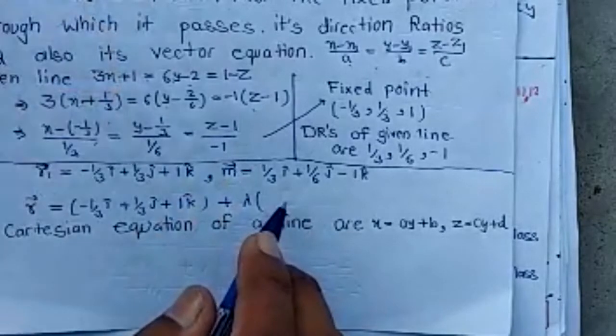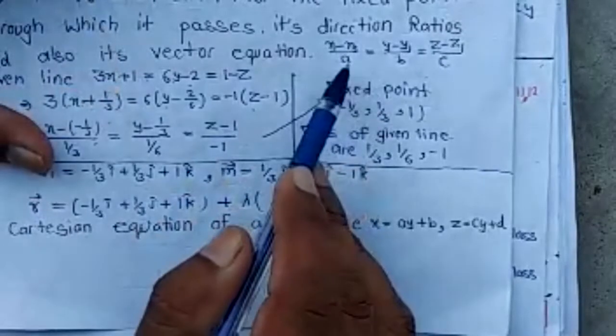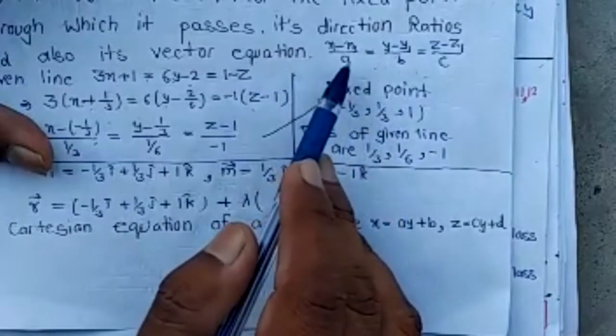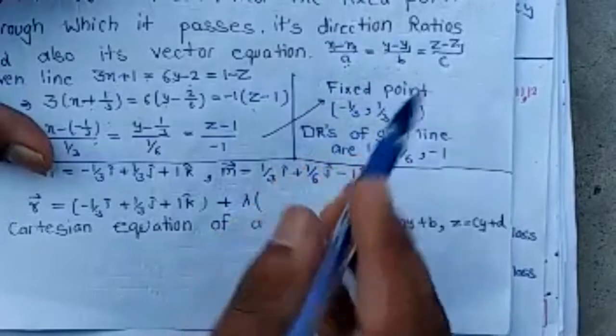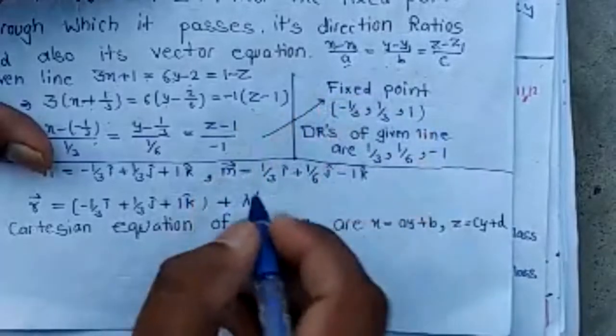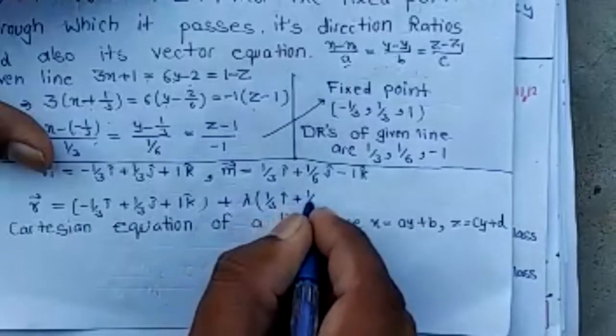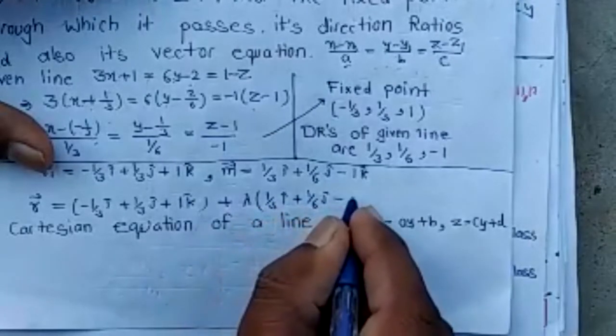The m vector means the direction ratio of the given line, given by a, b, c. Means the m vector is a i cap plus b j cap plus c k cap, and the values of a, b, c are given: 1 by 3 i cap plus 1 by 6 j cap and minus k cap.